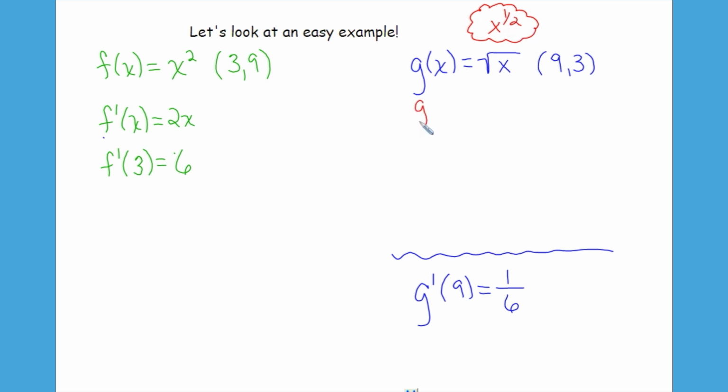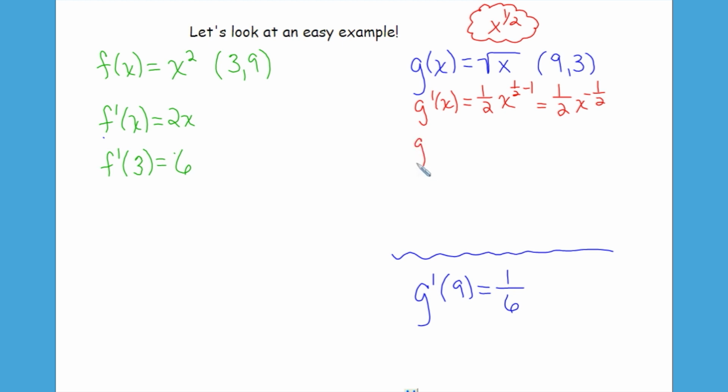So I know that g prime of x is equal to, take that 1/2 down and subtract 1. And when you do that, you get 1/2 x to the negative 1/2.